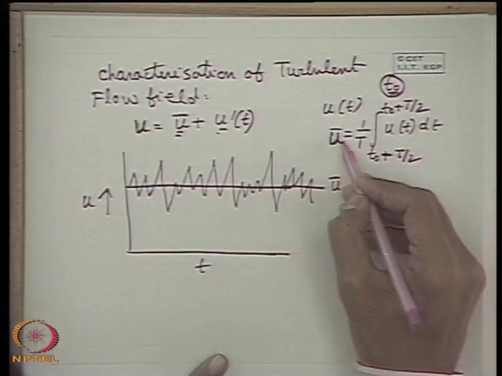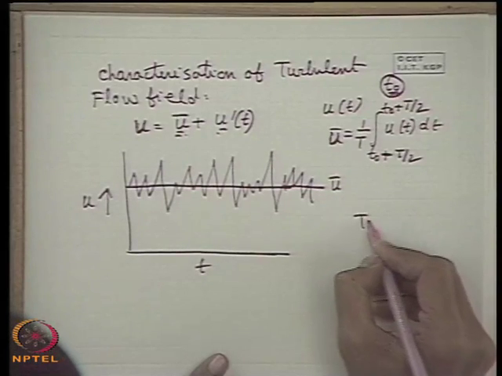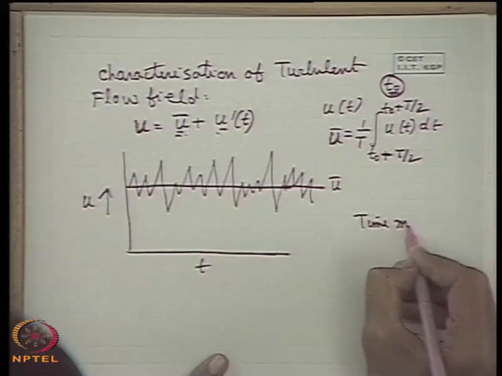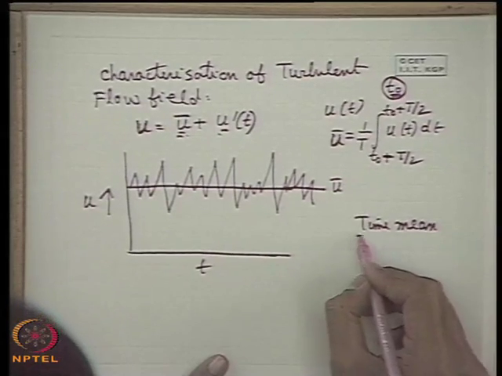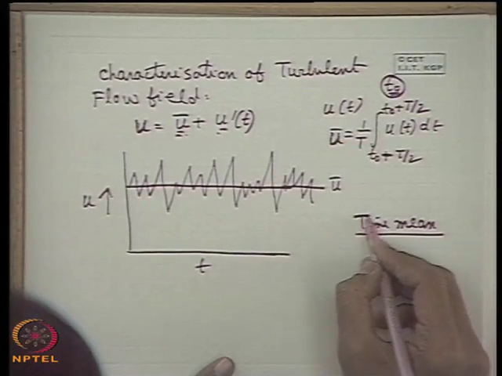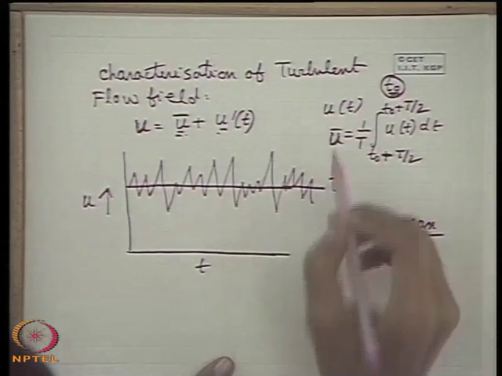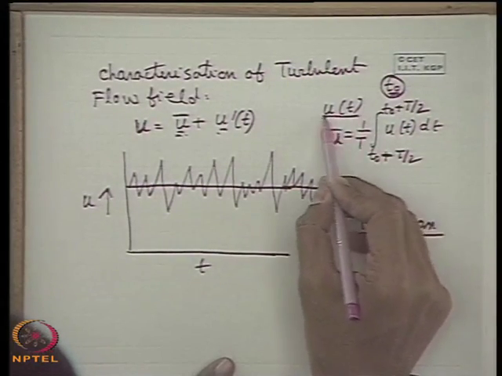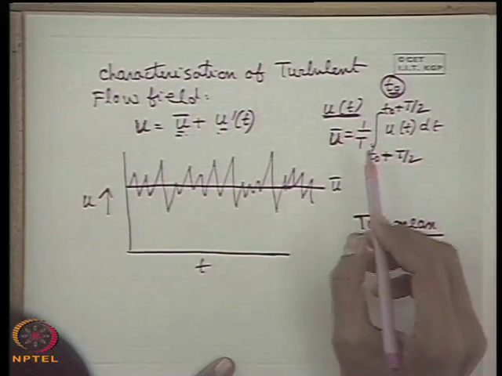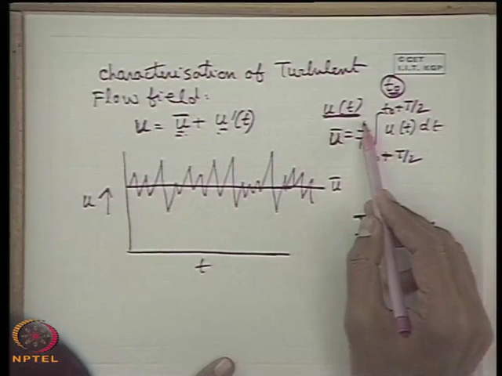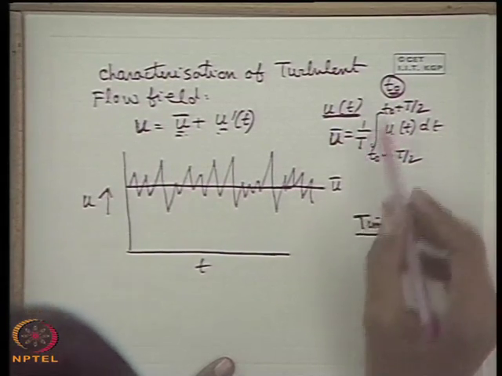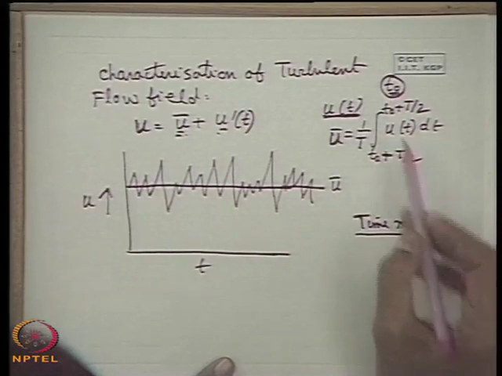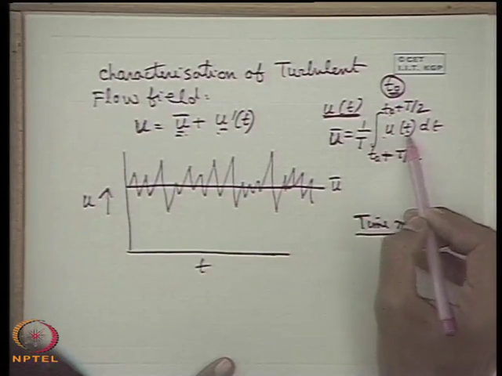This mean is the time mean. Different means are also described in turbulent flow, but in this class we will consider the time mean only. So, the time mean value of the fluctuating velocity is defined as 1 by T, integral from t0 minus T by 2 to t0 plus T by 2 of u(t) dt.